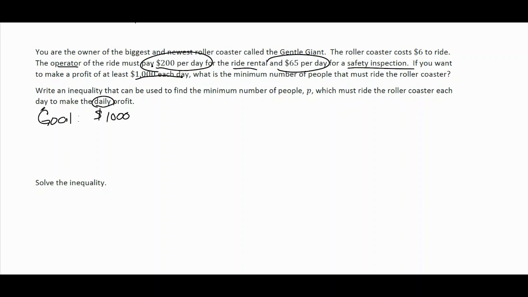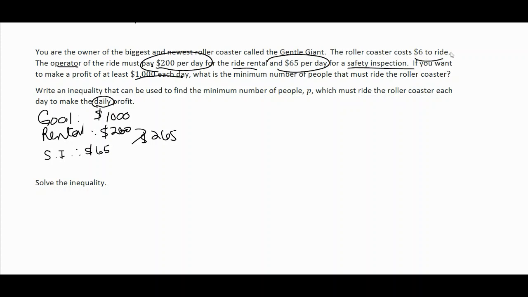So we're going to put that. The rental is $200, and the safety inspection is $65. So basically, it's going to be $265. The owner needs to pay $265 each day.